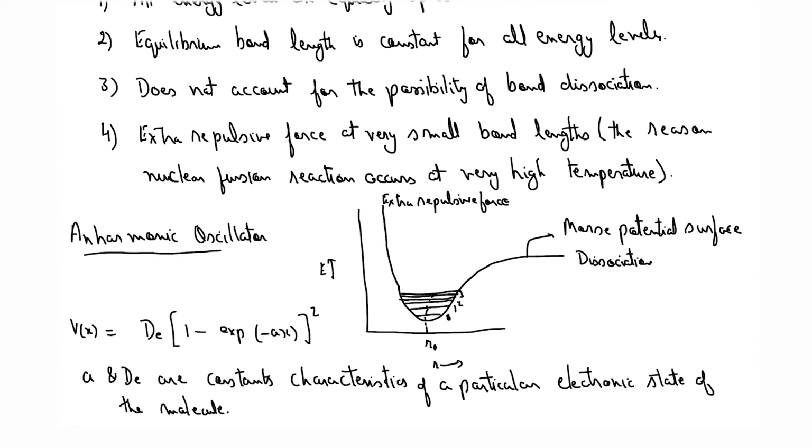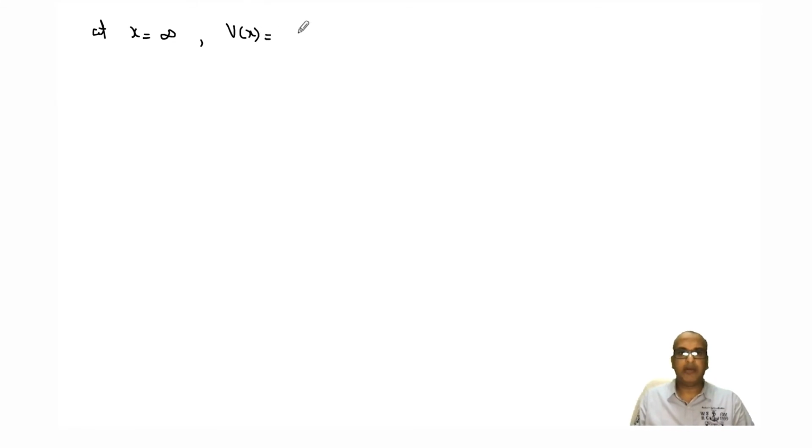So that is clear. Now let's see what happens at x equal to infinity. If I put x equal to infinity, I will have V(x) equal to D_e, right? Because the rest of the term will go to 1.